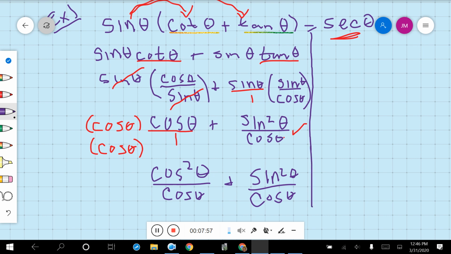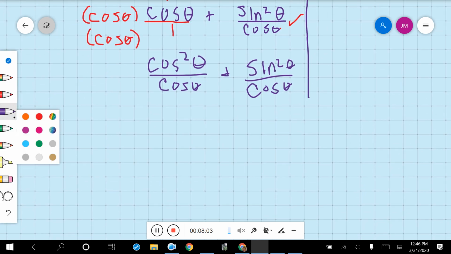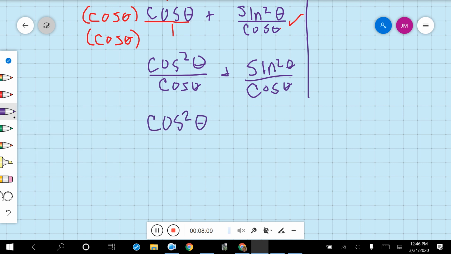Okay, now that my fractions have common denominators, I'm going to combine the numerators and put them over the common denominator. So what I would have is cosine squared theta plus sine squared theta all over cosine theta. Remember your Pythagorean identity.